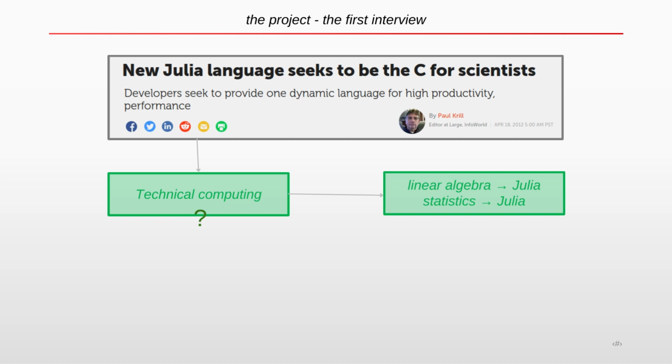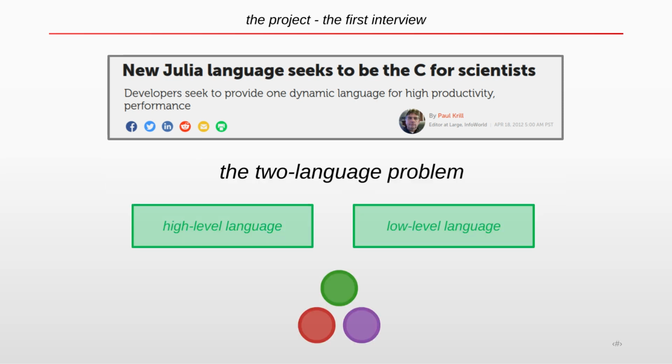Besides that, they also tried to think about the two-language problem, because sometimes high-level languages are easy to learn because of the syntax, but slow execution. And the inverse is true for the low-level languages. Harder to learn, but faster to execute. Julia came to be easy to learn and fast to compile.